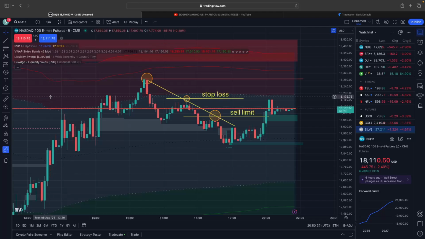So I always target between 10 and 40 points. Usually 40 points because I know it's going to hit there. So from this point, which is 62, I would be targeting, let's just say 20, right? 1820.